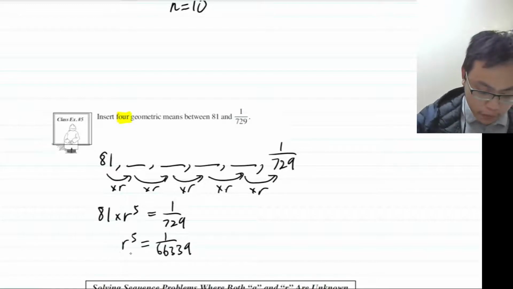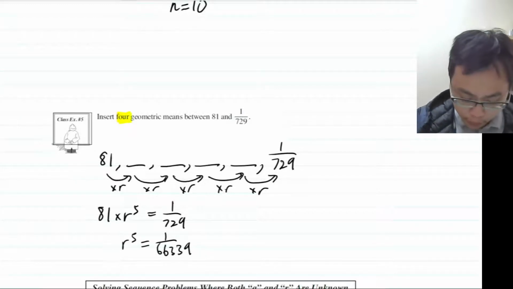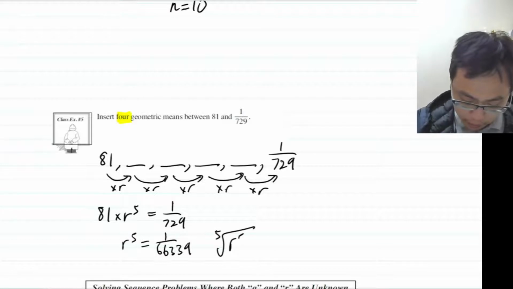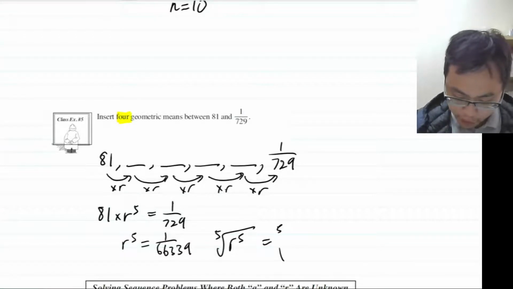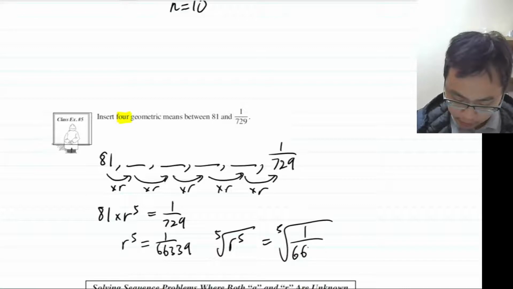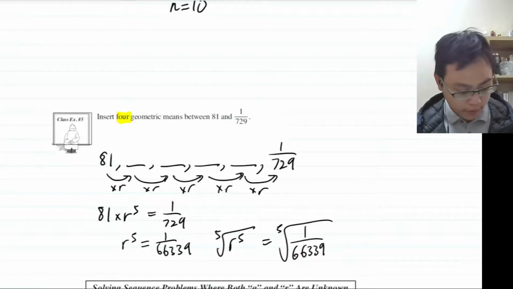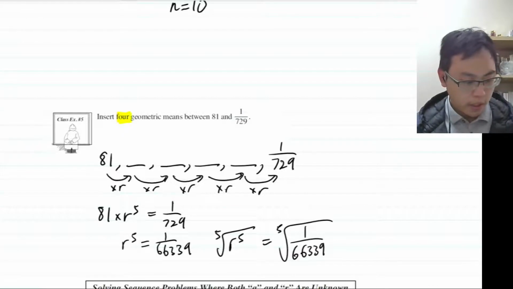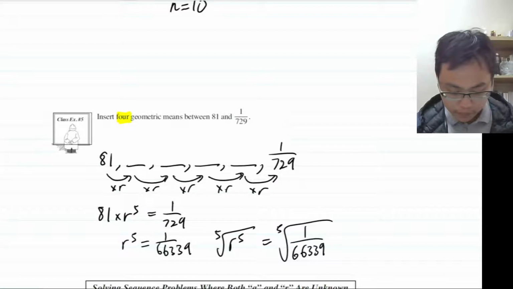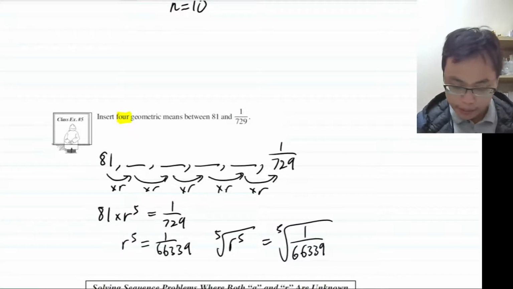which would give me 66,339. And all we have to do now is take the fifth root. We take the fifth root of r to the power 5, and the fifth root of 1 over 66,339, and it's not a nice number. Let me just make sure I multiply this correctly. 729 times 81.